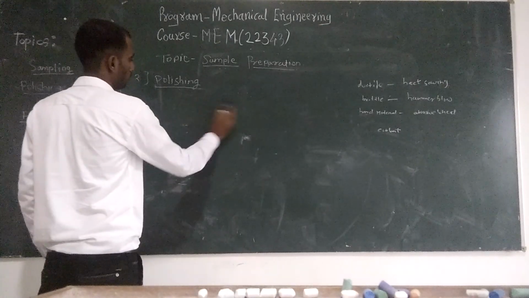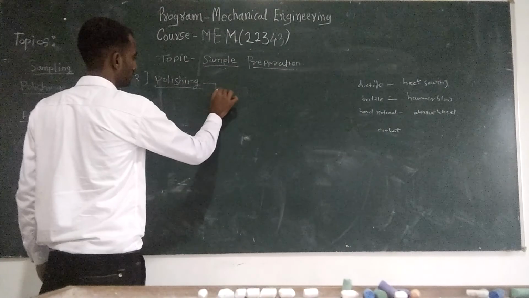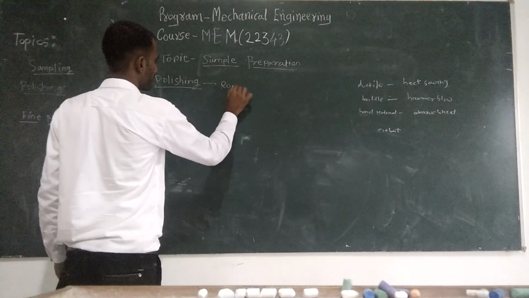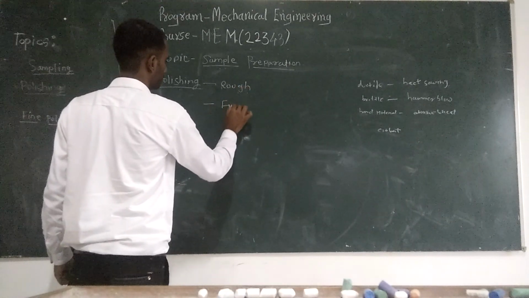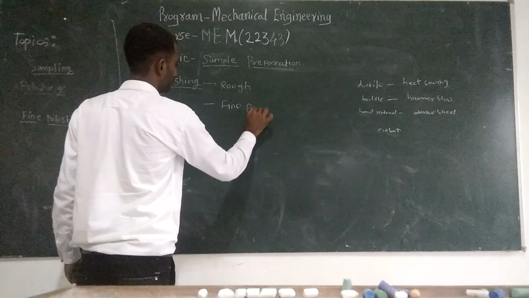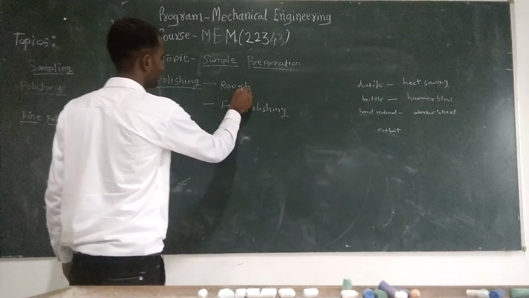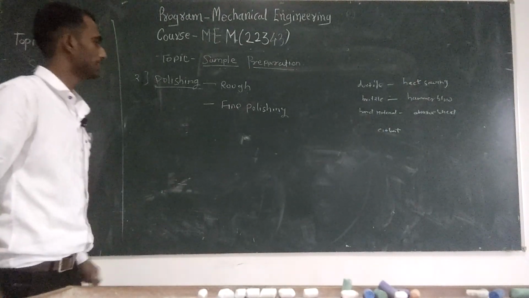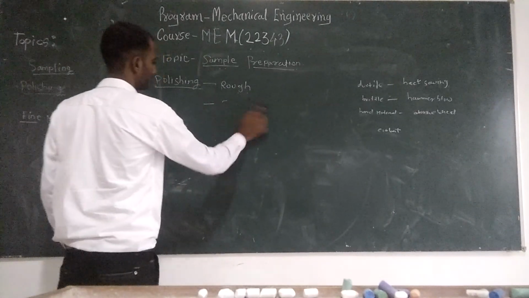Now polishing has two types. The first one is rough polishing and the second one is fine polishing. We are going to see the first type, that is rough polishing.